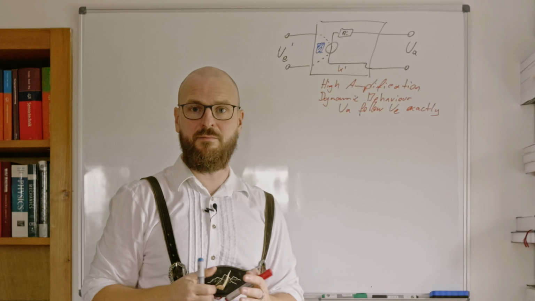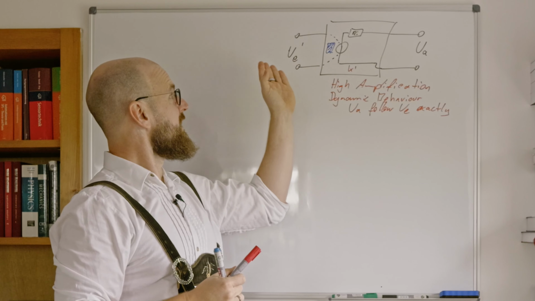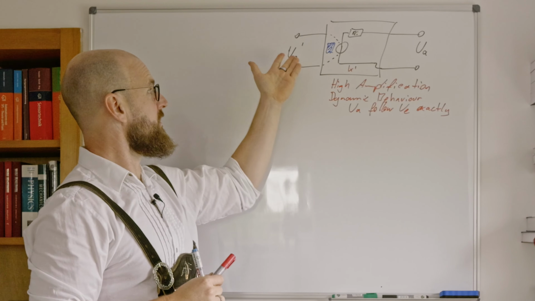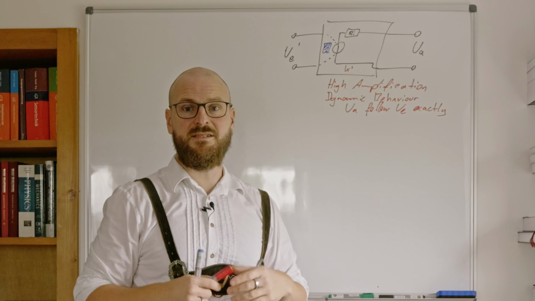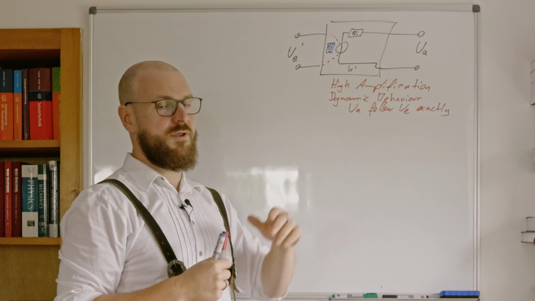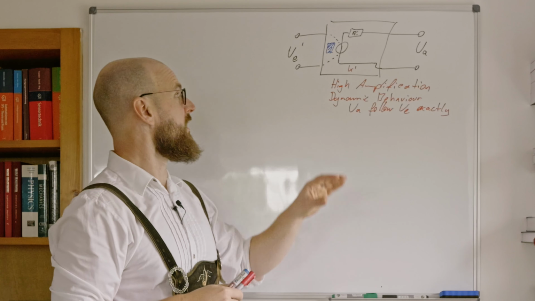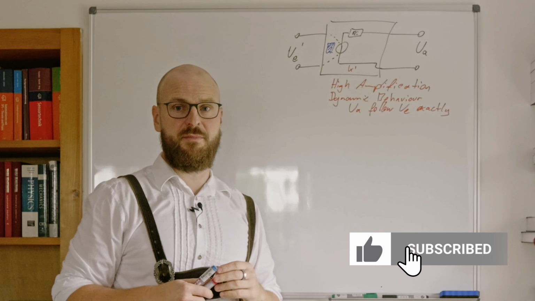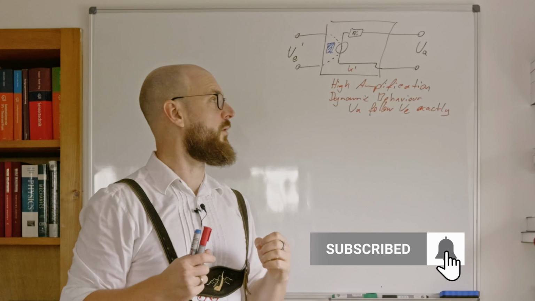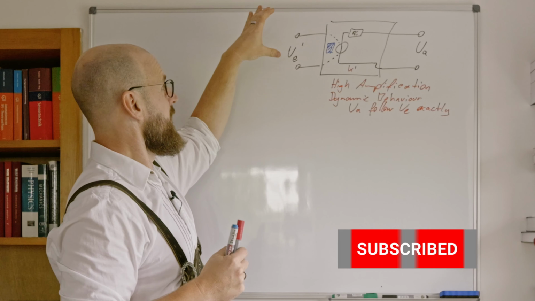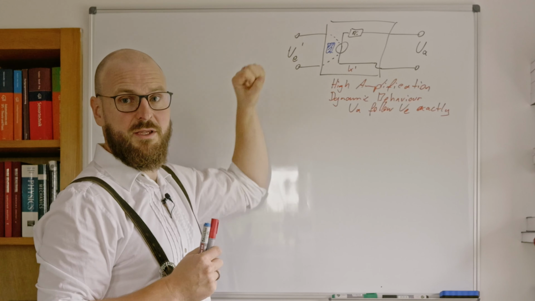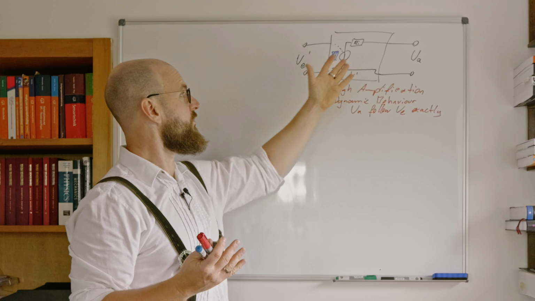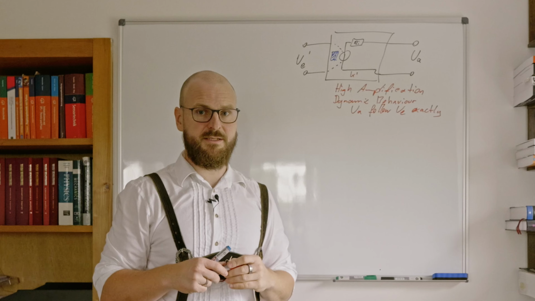There should be a very high input resistance so that nearly no current flows into that generator, and that voltage source over here does not have to deliver any energy to the amplification over here. So the measurement object should not be influenced by the measurement amplifier itself. That's a very important thing. The measurement voltage we want to know about should not be influenced by the measurement amplifier itself.